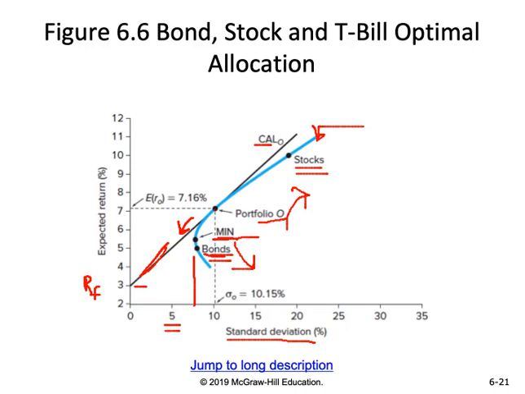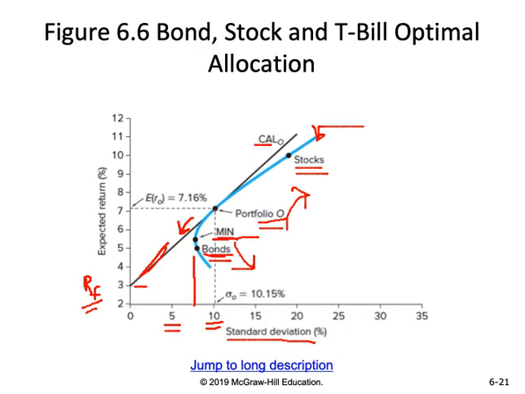So the optimal portfolio has a standard deviation of 10%. Well, that may be too much variation for some investors. They're just not comfortable with that. They want less volatility. So you could add more risk-free to this optimal portfolio in order to soften up the volatility, to tame it down a bit.